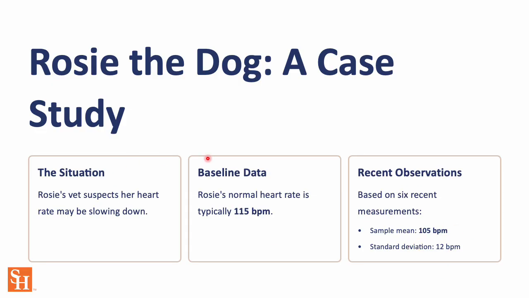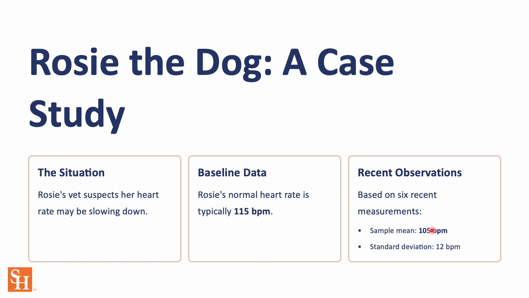So this is the information that we have. The population parameter is 115, and this is our sample result: the sample size is 6, and the sample mean is 105 with a standard deviation of 12 bpm.